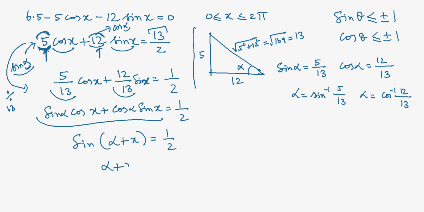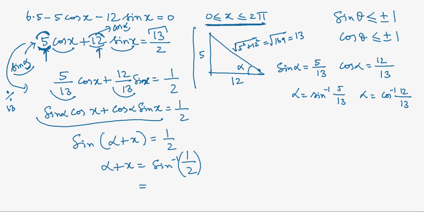So now alpha plus x is actually sine inverse of half. Because when they are given a range in the radian, we need to solve everything in the radian.